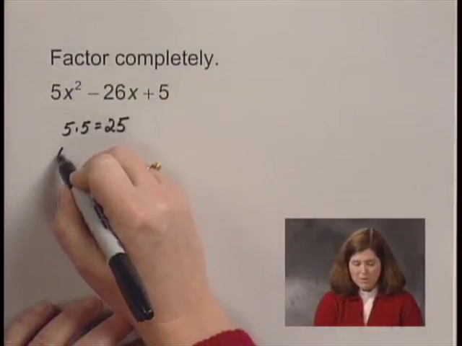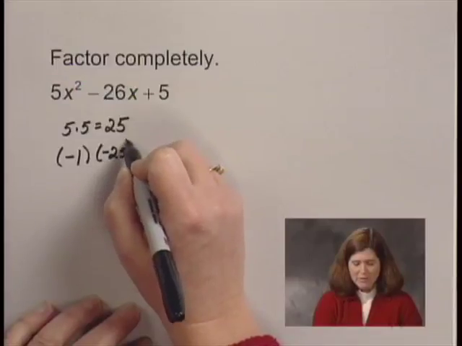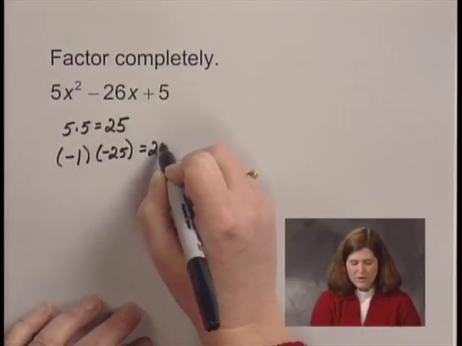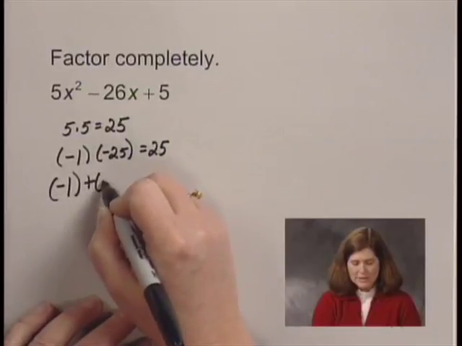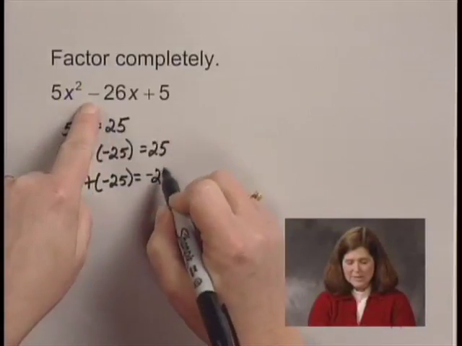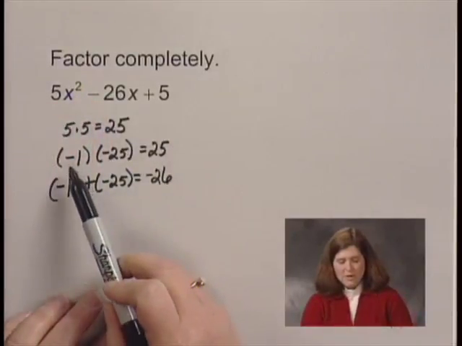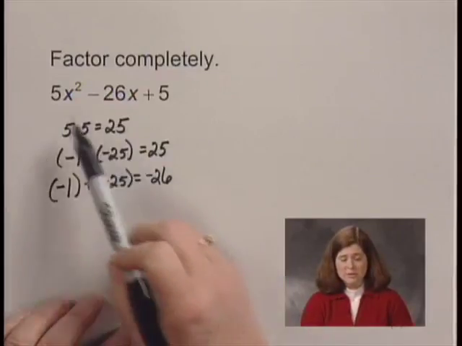If we remember, or we can realize that negative 1 times negative 25 equals 25, and negative 1 plus negative 25 equals negative 26. Therefore, negative 1 and negative 25 are the numbers that we're going to use to factor this.